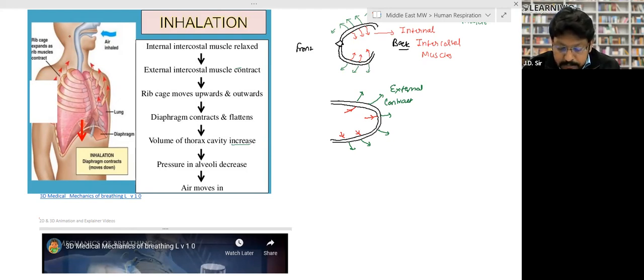By this way, they increase the volume of lungs.